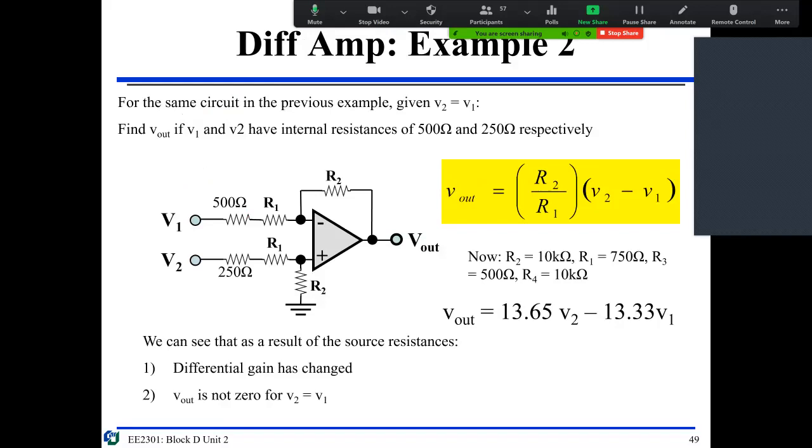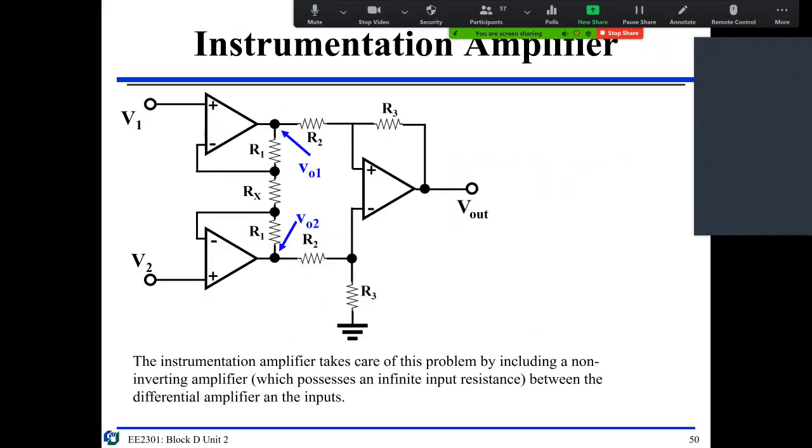So we also went through an example to show that if you have a different signal internal resistance, you are going to make the amplification coefficients different, therefore violating the differential amplification rule. That means when V2 equals V1, your VL is supposed to be 0, but it's actually not. Okay. So that's very bad.